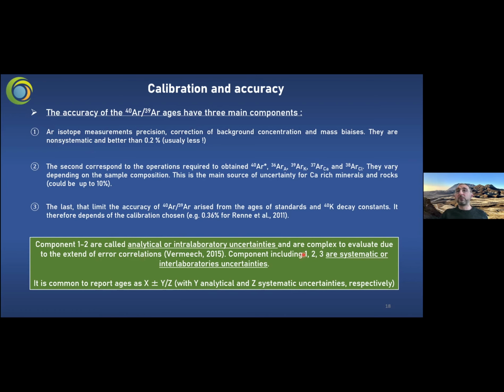If you include component 3, this one is systematic, or inter-laboratory uncertainties. And it's common to report both intra- and extra-laboratory uncertainty this way, for instance.